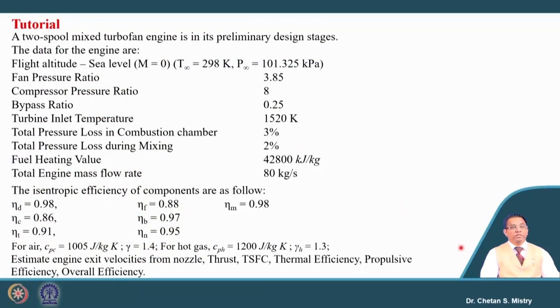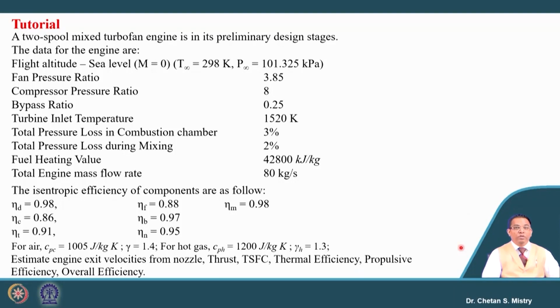In the last lecture, we were solving the cycle analysis for a two spool mixed flow turbofan engine configuration. As we have discussed, the data available for this numerical is for a low bypass ratio engine, which has a fan generating a pressure ratio of 3.85, a compressor pressure ratio of 8, and the information available in terms of isentropic efficiencies.